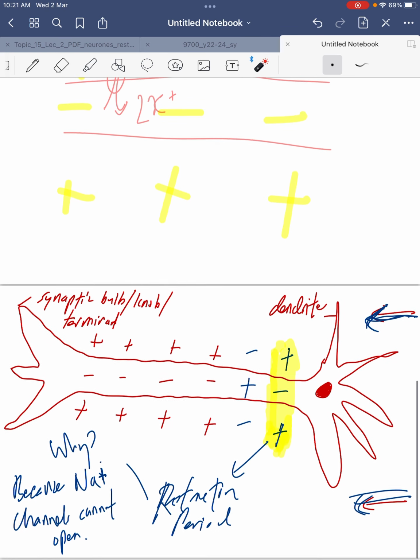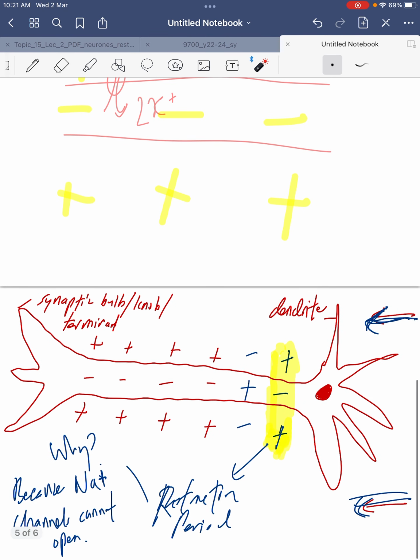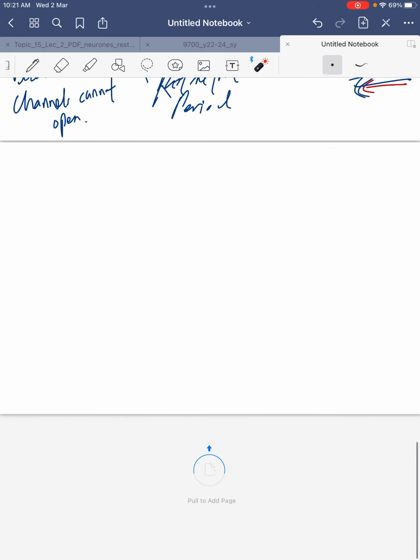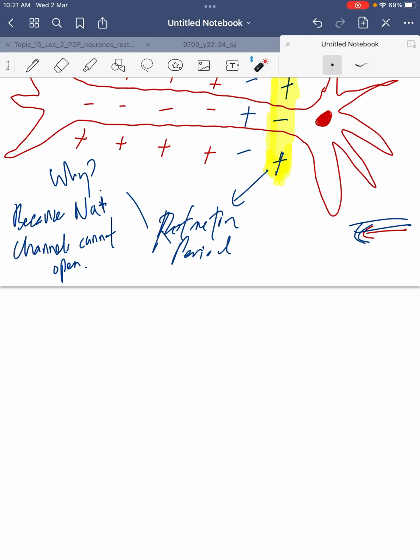The second reason is so that the nerve impulse will only travel or move in one direction. So if I can draw another one, I don't want to mess up my beautiful drawing.